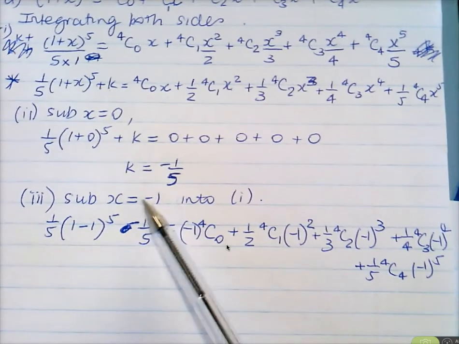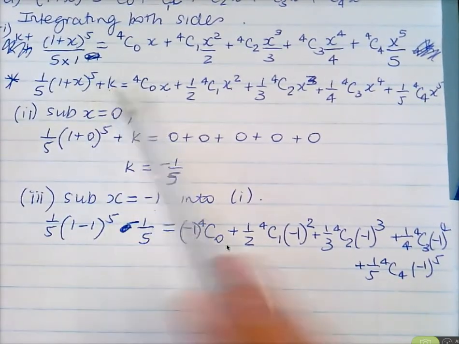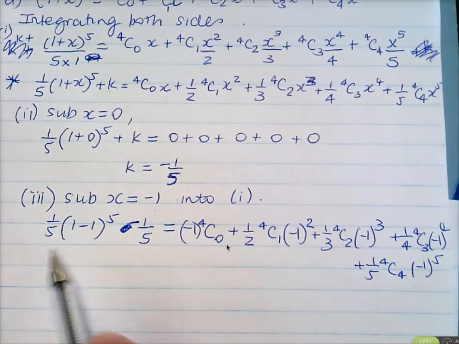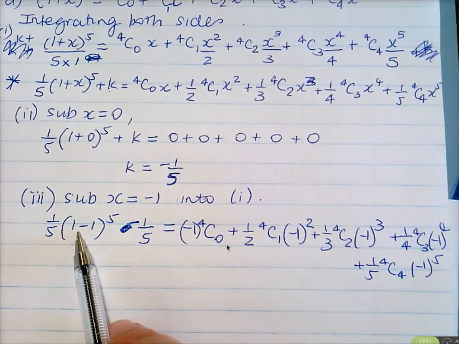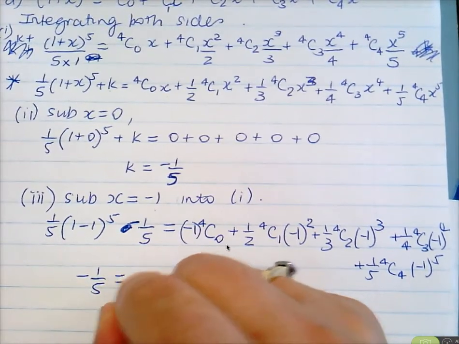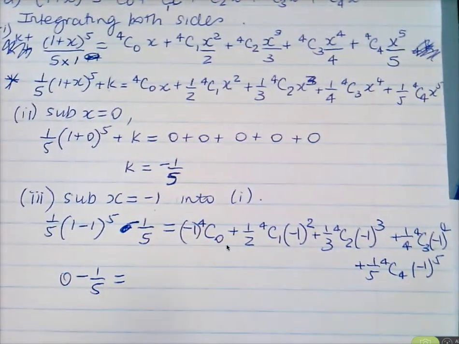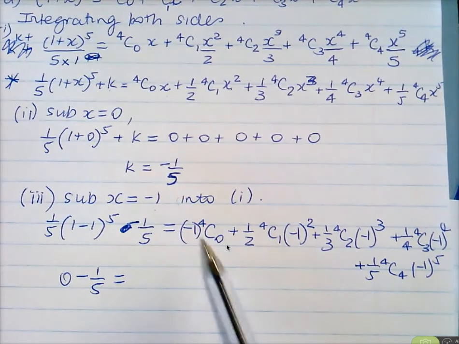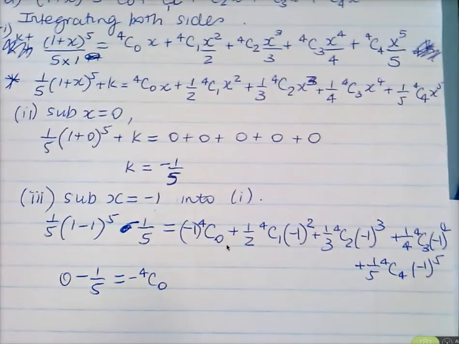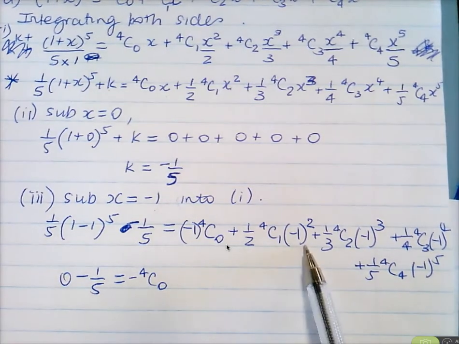So I've substituted x is negative 1 into that, and I've put what k is in as well. So what do you get? No, tell me what you get on the left. 0 minus 1/5, so minus 1/5. I'm going to put 0 minus 1/5 equals, what do I get? Negative 4 choose 0, plus or minus for the next one.